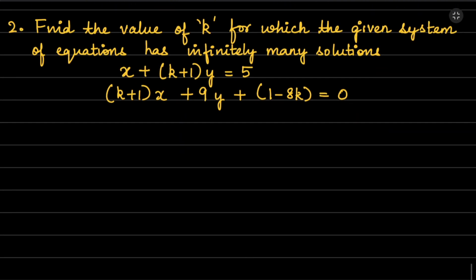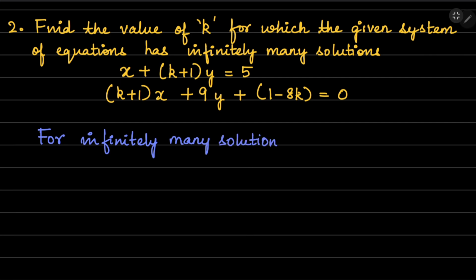So find the value of k for which the given system of equations has infinitely many solutions. So it's the same condition. Let's write it again. For infinitely many solutions, which means what?